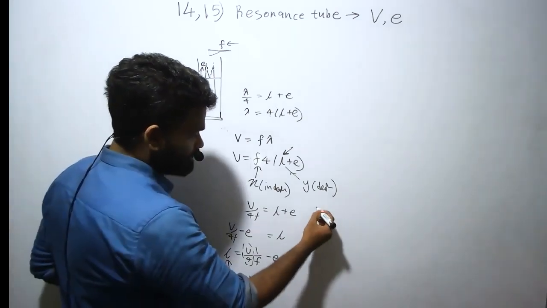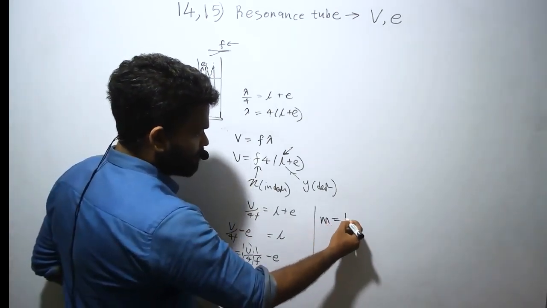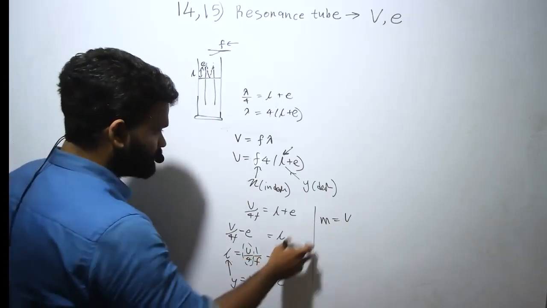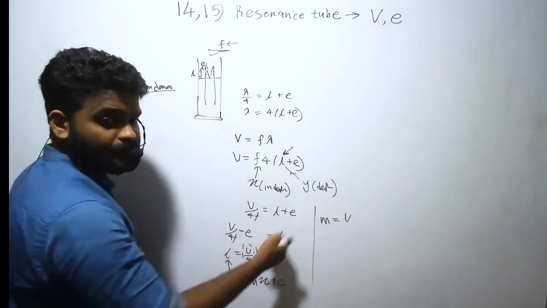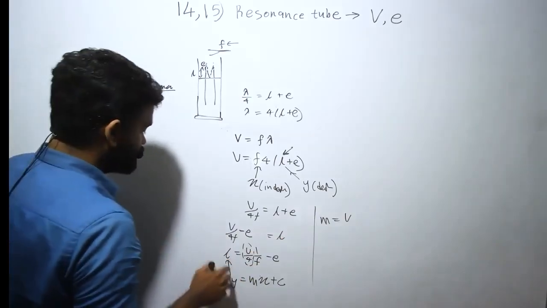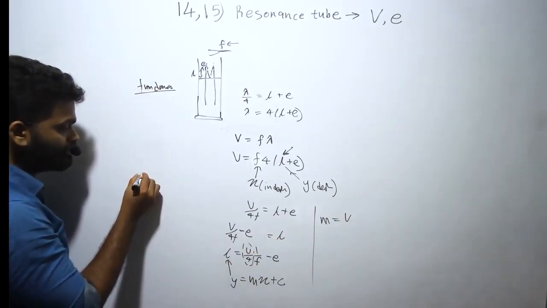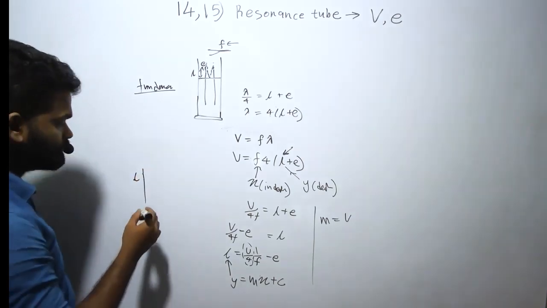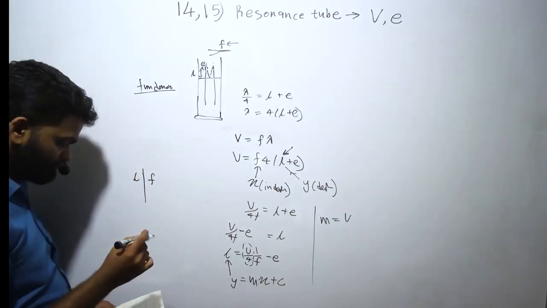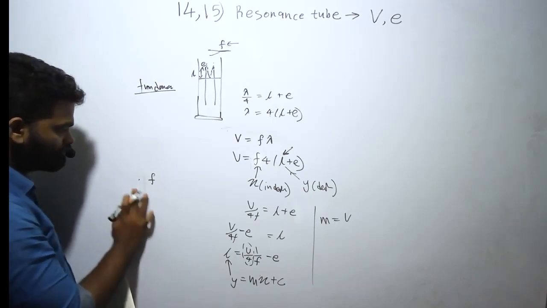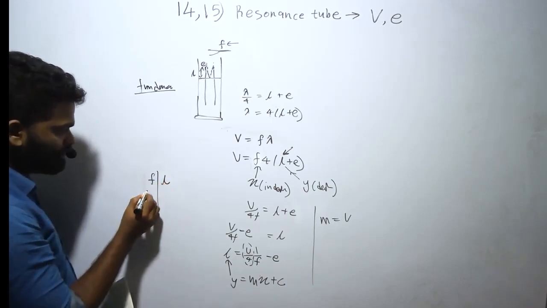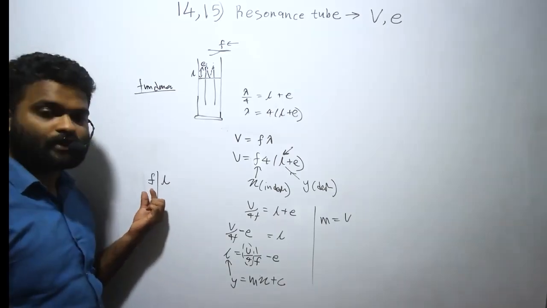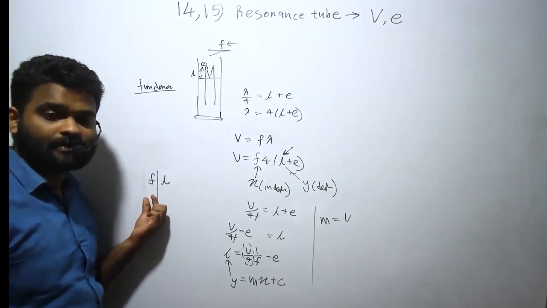So the gradient, before finding the gradient, you need to draw the graph, right? So for the graph, what do we need? We need to get a table, L values and f values. You usually start from the highest frequency fork.